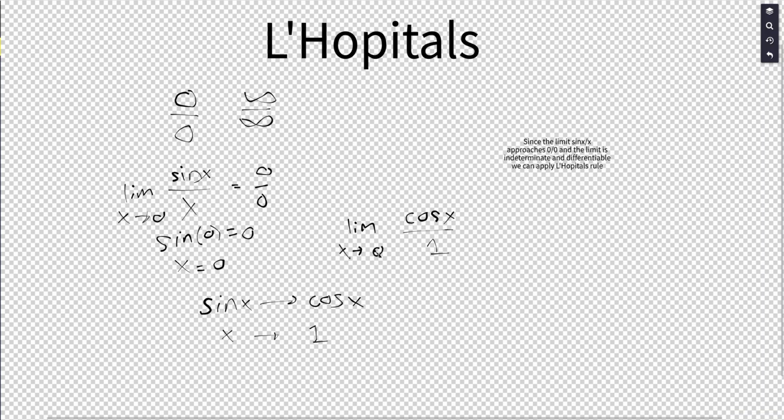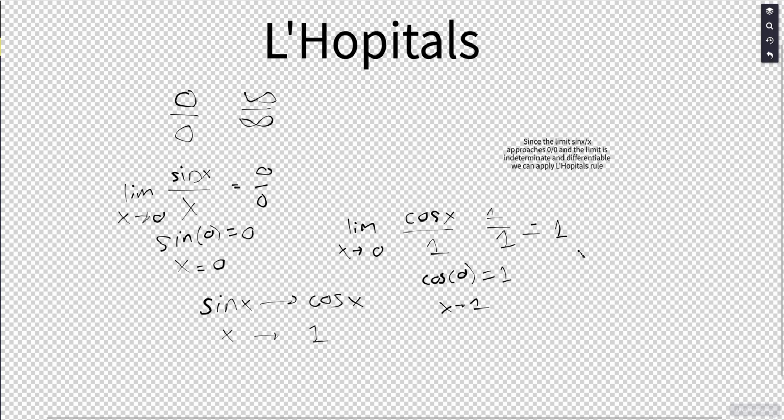Now let's try evaluating this limit. Just plug in the values once again. Cosine of 0 is equal to 1, and the limit as x approaches 0 of 1 is just 1. So this gives us 1 over 1, which is just equal to 1.